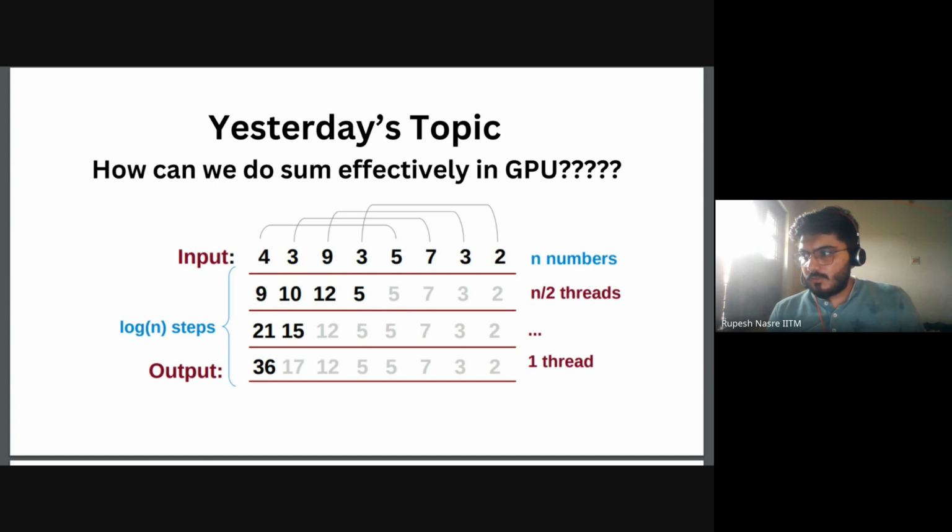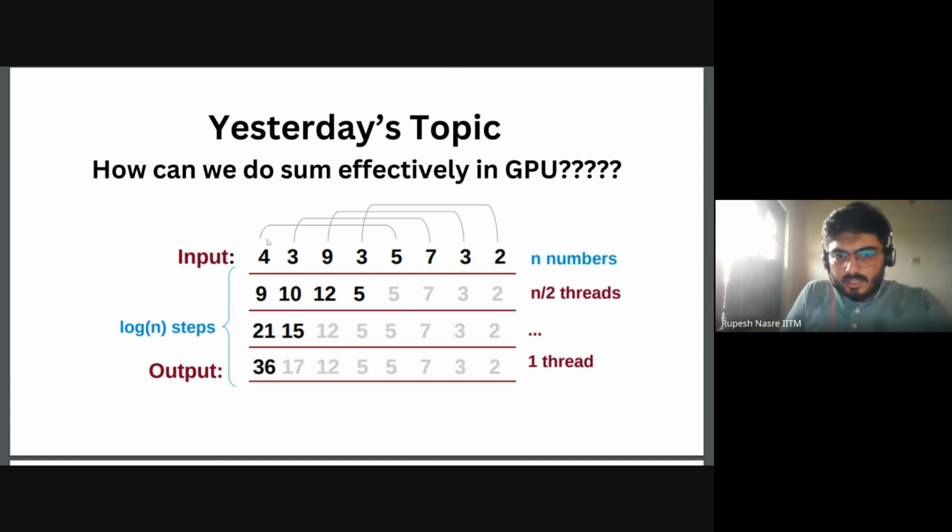But in the for loop, suppose now let me give you one more example. Let's consider these eight elements. In the first iteration, we are considering only n by 2 threads. All other threads don't matter to me. So I will consider n by 2 threads. Each thread will add its own position plus the n by 2th element forward. Suppose this is at index 0, and currently n is 8.